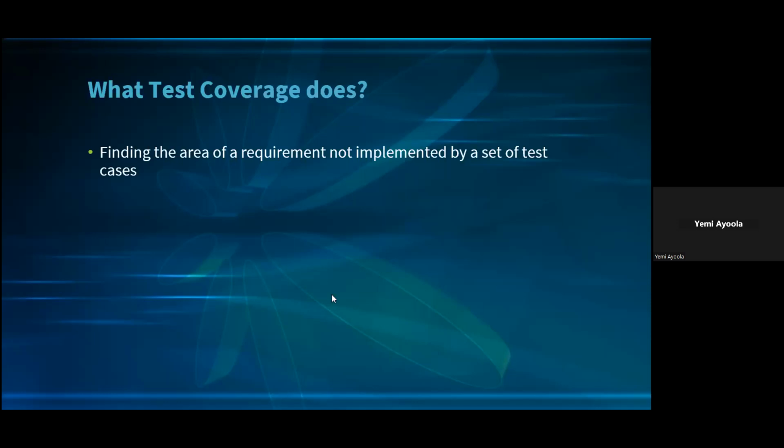I need to write a set of test cases to match this requirement. So it helps you quickly know the areas that have not been covered. That's the essence of test coverage, to ensure that we've implemented a set of tests for all our requirements. So the first benefit is finding the areas of requirements not implemented by a set of test cases.